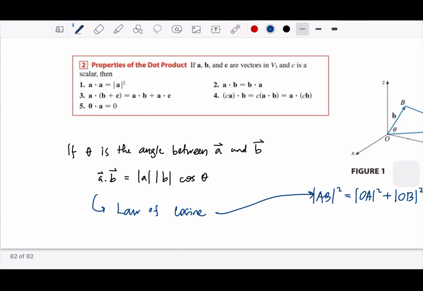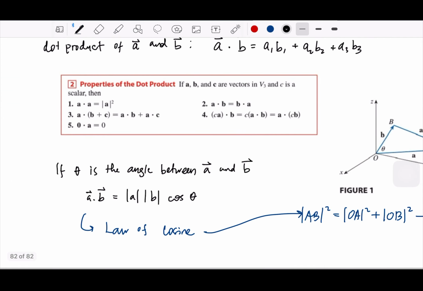And also we can write cos theta in terms of vector A dot vector B divided by magnitude A and magnitude B.